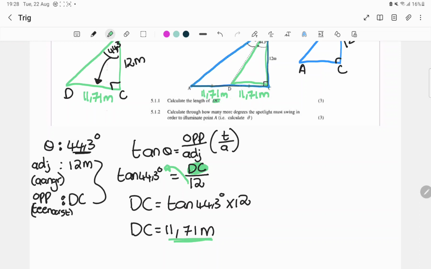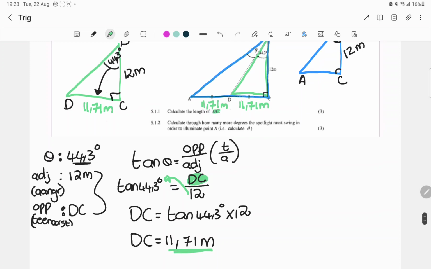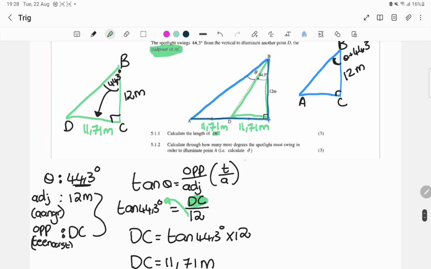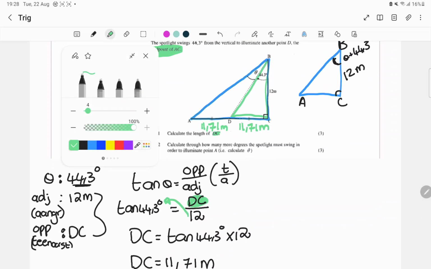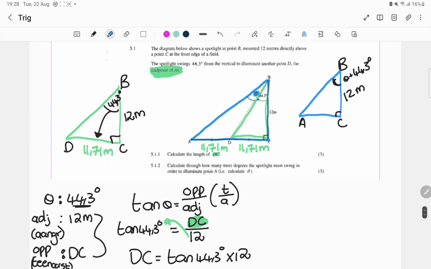Alright, so now we can go to question 5.1.2, where they say, calculate through how many more degrees the spotlight must be swung in order to illuminate point A. Therefore, calculate theta. Theta is here, and that is part of my big triangle. Why? Because it's part of my blue triangle.